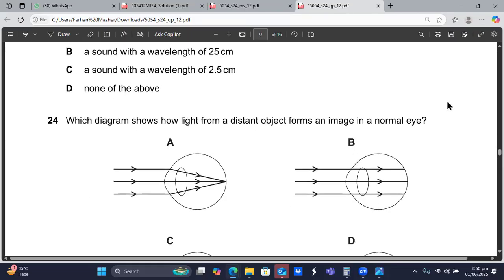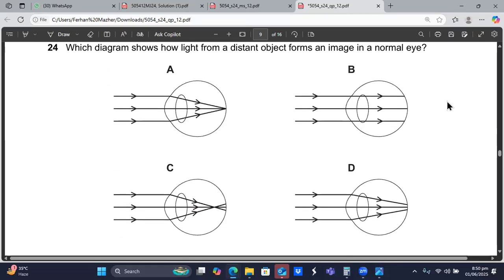Question number 23. Okay, now we are on question number 24. Which diagram shows how light from a distant object forms an image in a normal eye? You see, from a distant object, the lens in your eye is a convex lens.